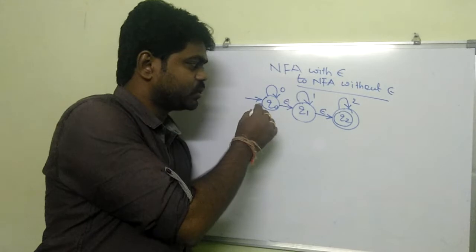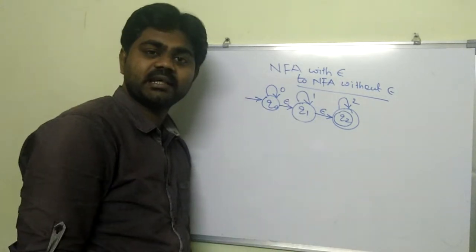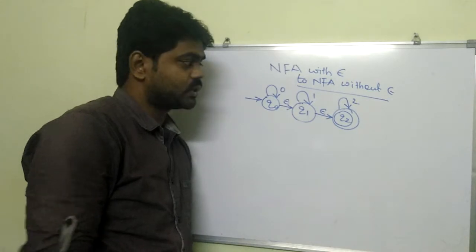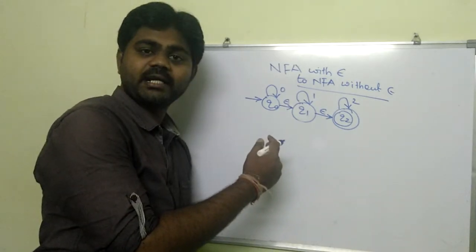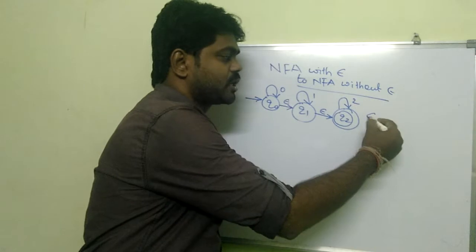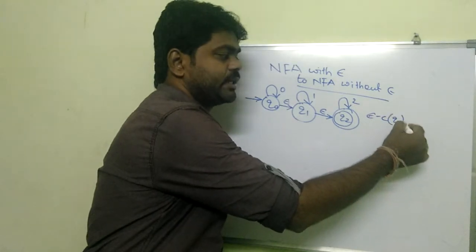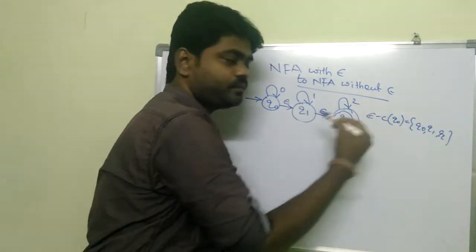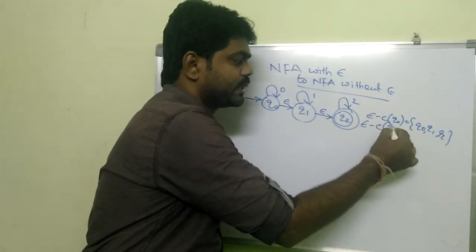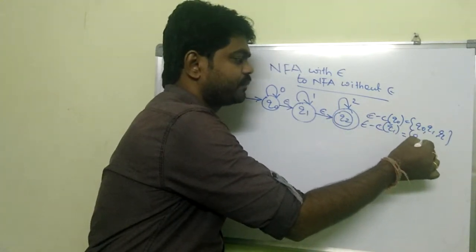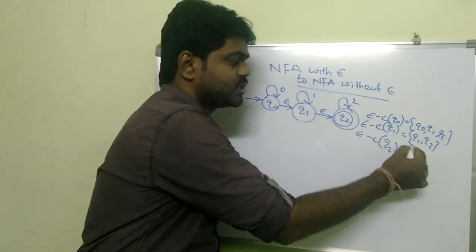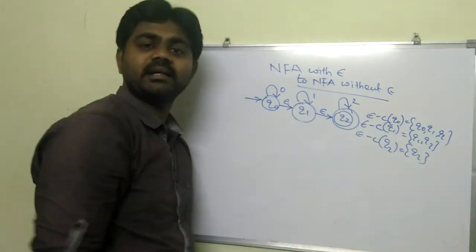Q0 is my starting state, Q2 is my final state, and I have inputs 0, 1 and 2. First, we write the epsilon closures: epsilon closure of Q0 is Q0, Q1, Q2; epsilon closure of Q1 is Q1, Q2; epsilon closure of Q2 is only Q2.